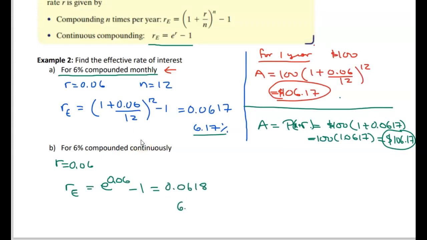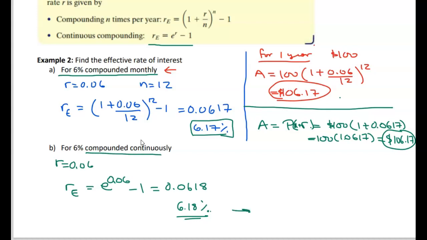0.0618, which is 6.18%. Okay, so if we compare these two parts, for compounded monthly, the overall percentage for the year of interest is 6.17. If I compound continuously, then it's going to be 6.18% a year. So you can see that compounding continuously will give you slightly more money at the end, right?